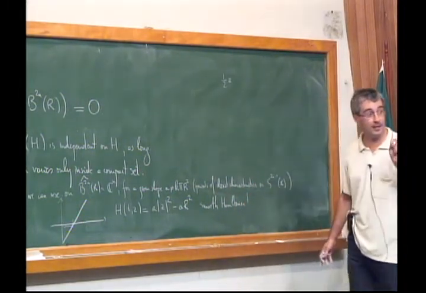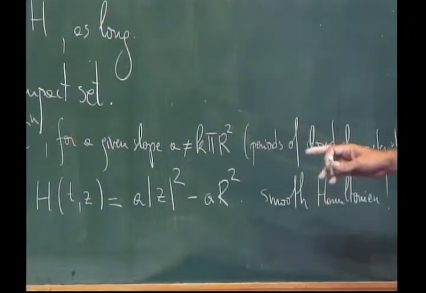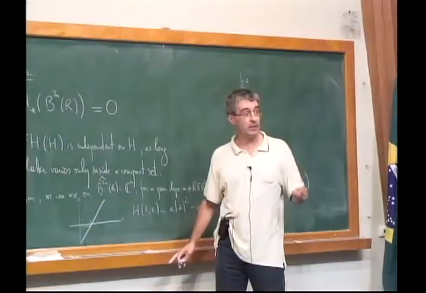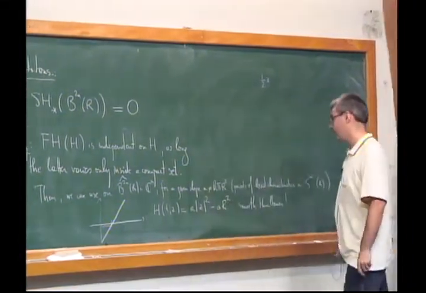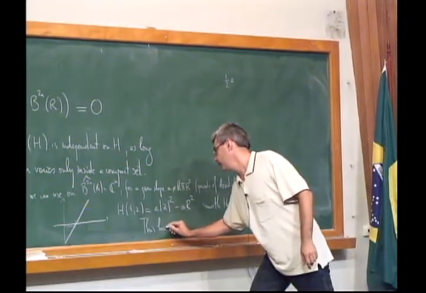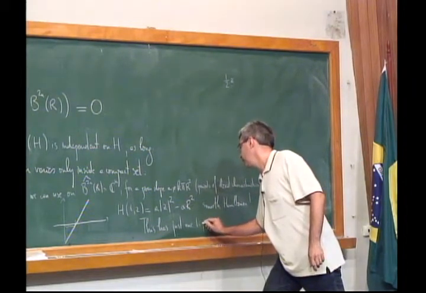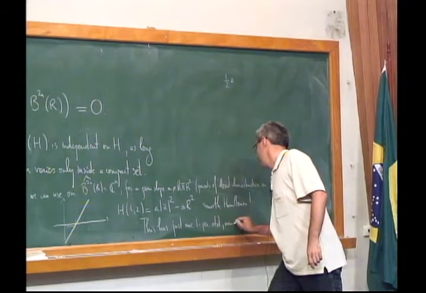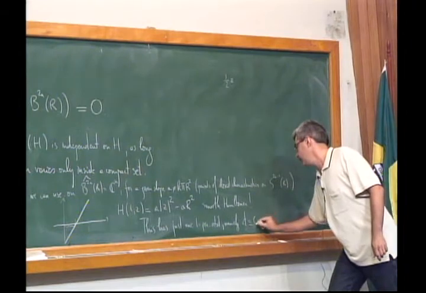Yeah? And it has the following interesting property, that its only periodic orbit is a single one, and that's the constant orbit at the origin. So this has just one periodic orbit, namely constant equals 0.